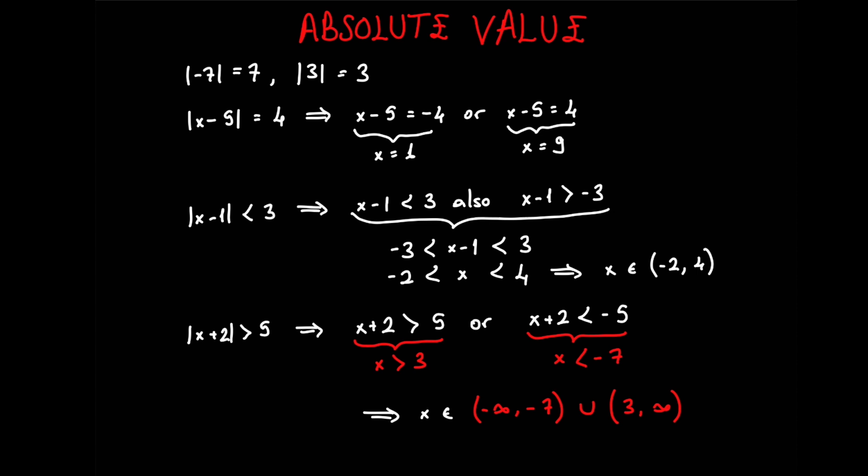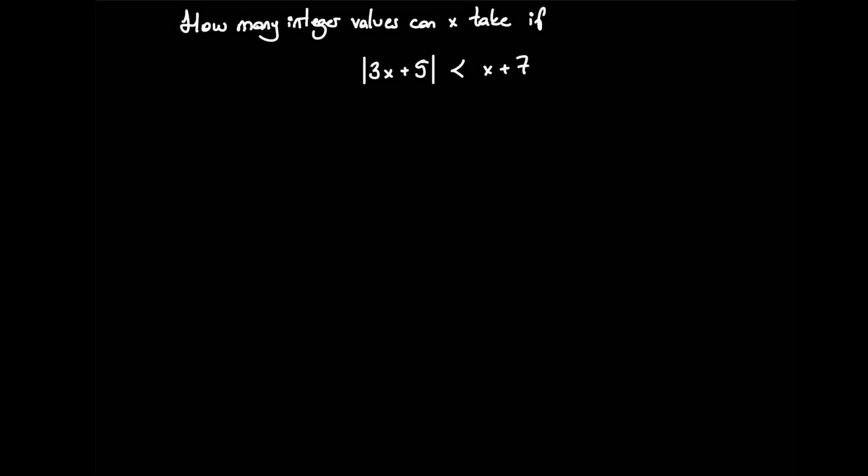Now let's solve a question in order to understand this topic better. The question says, how many integer values can x take if the absolute value of 3x plus 5 is less than x plus 7? So immediately we see that x plus 7 must be greater than 0, because absolute value always gives you a non-negative number, because the distance between a number and 0 is always non-negative.